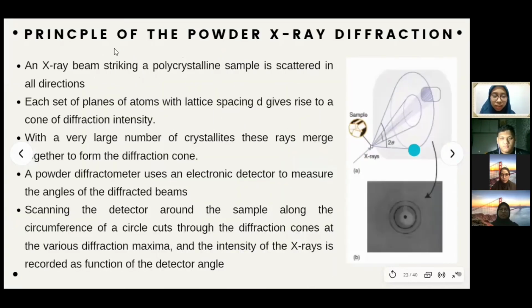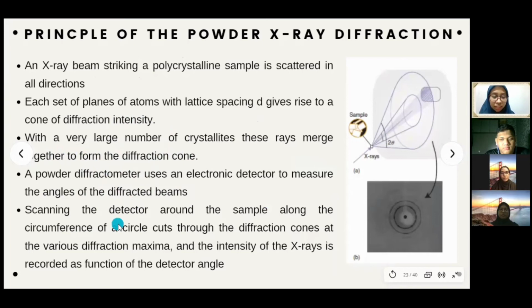Then the principle of X-ray diffraction: an X-ray beam striking a polycrystalline sample is scattered in all directions. Each set of planes of atoms with lattice spacing d gives rise to a cone of diffraction intensity, with a very large number of crystallites, these rays merging together to form the diffraction cone. A powder diffractometer uses an electronic detector to measure the angles of the diffracted beams.